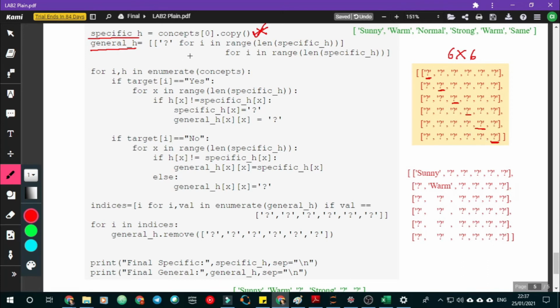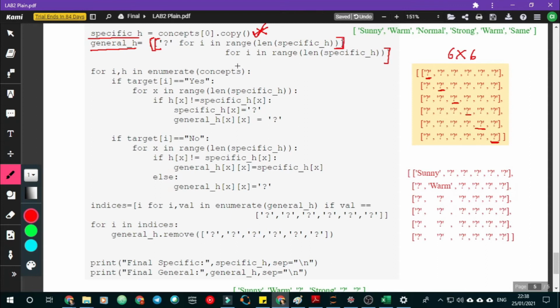Next, how did I create a 6 cross 6 dimensional list object? I just opened a square bracket and closed the square bracket. This is how we usually create a list. But how do I create a multi-dimensional list? One more square bracket, and that should end over here.